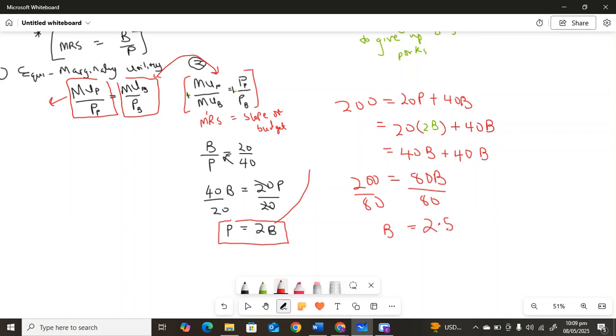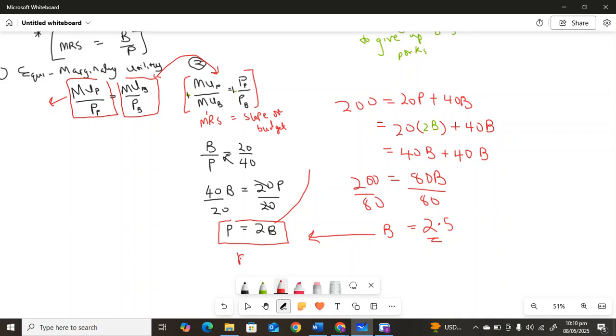Okay. So for this person to get the most satisfaction, they need to get 2.5 units of beef. And we need to find out how many units of pork they can get. So remember P equals 2B, right?